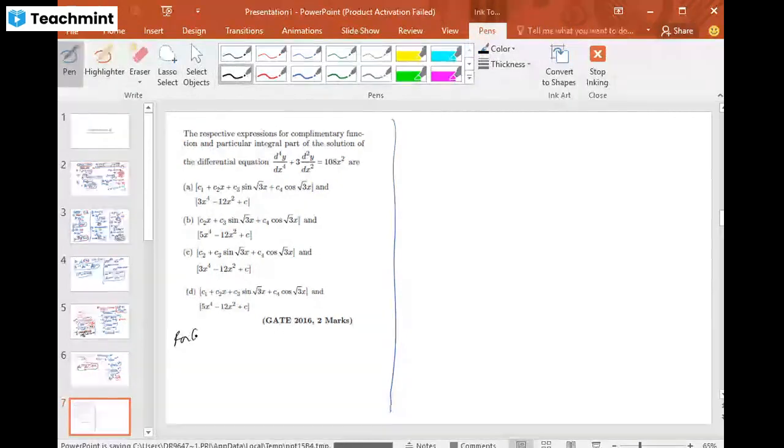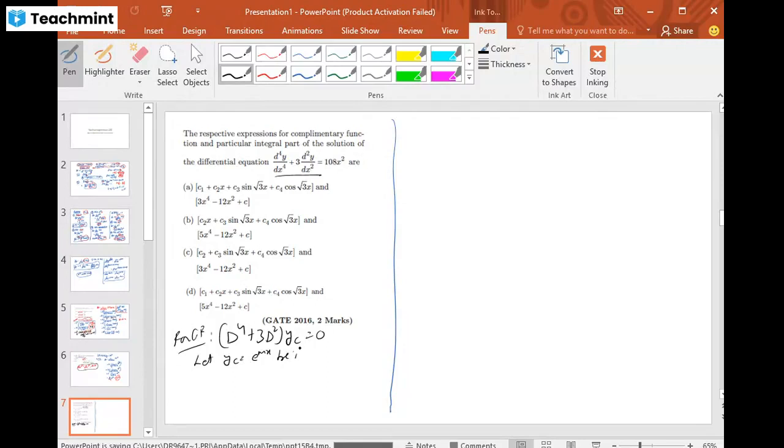In operator form, it is the fourth order derivative plus 3 times the second order derivative of yc equal to 0, because there is no constant term here. So we assume let yc equal to e raised to power mx be its solution.